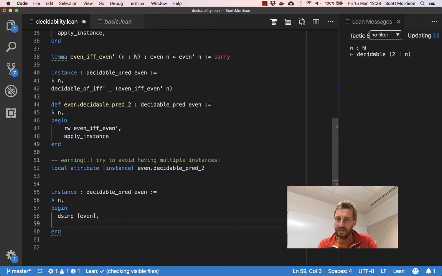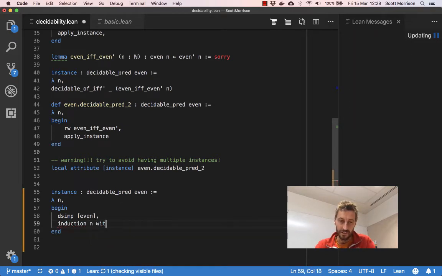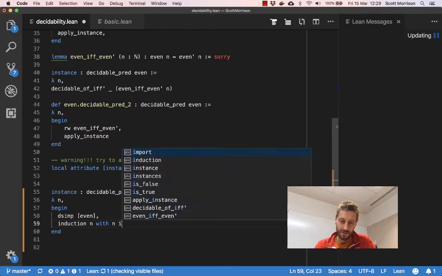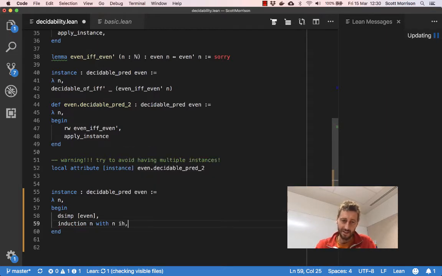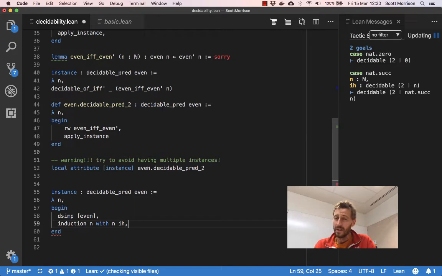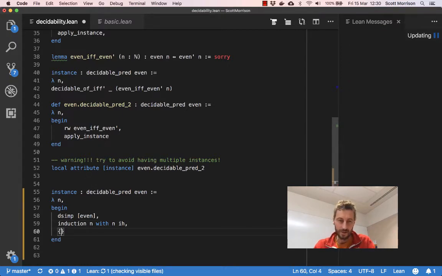The idea where you repeatedly subtract 2 is basically that you do induction. So let's do induction on n, and let's call the things we get n and the induction hypothesis. So now we've got a first case where we need to prove that it's decidable whether 2 divides 0, and we were pretty good at that.